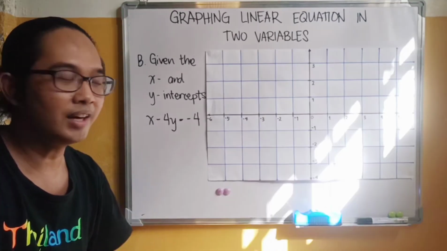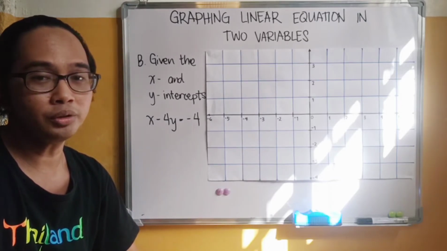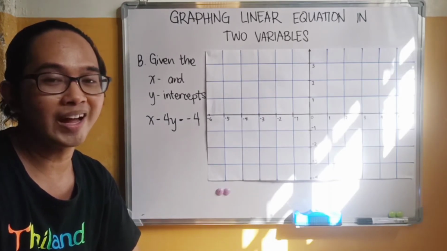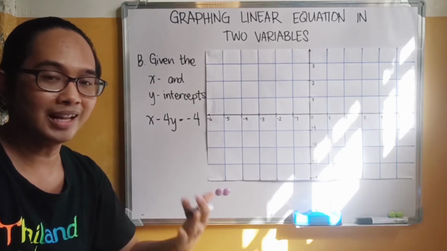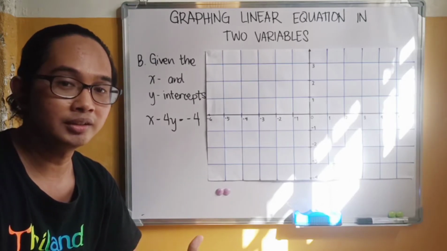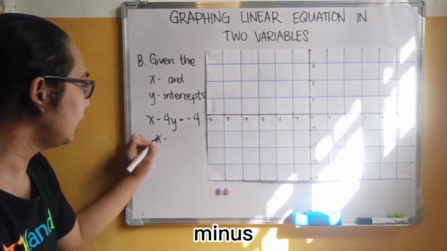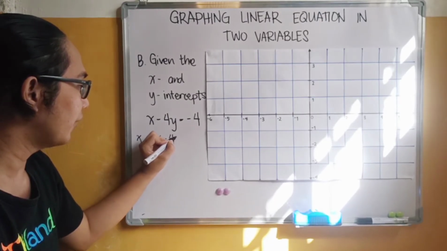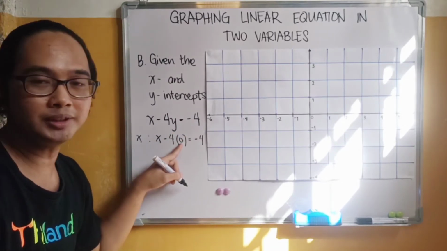Okay? Let's graph x minus 4y equals negative 4. So what are we going to do in order to graph this is we need to find the x-intercept and y-intercept. Okay, kung naalala, if we are looking for x-intercept, the value of y must be 0. For our x-intercept, the value of y is 0, so 0 equals negative 4. 4 times 0 is 0.